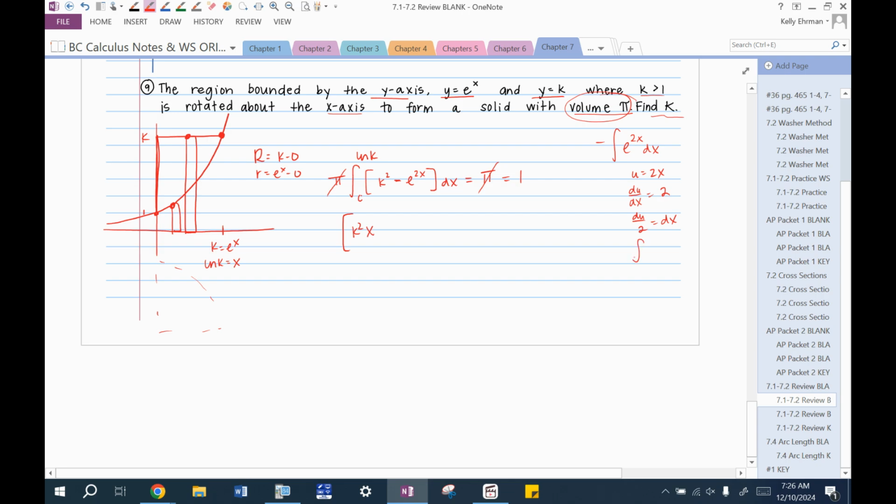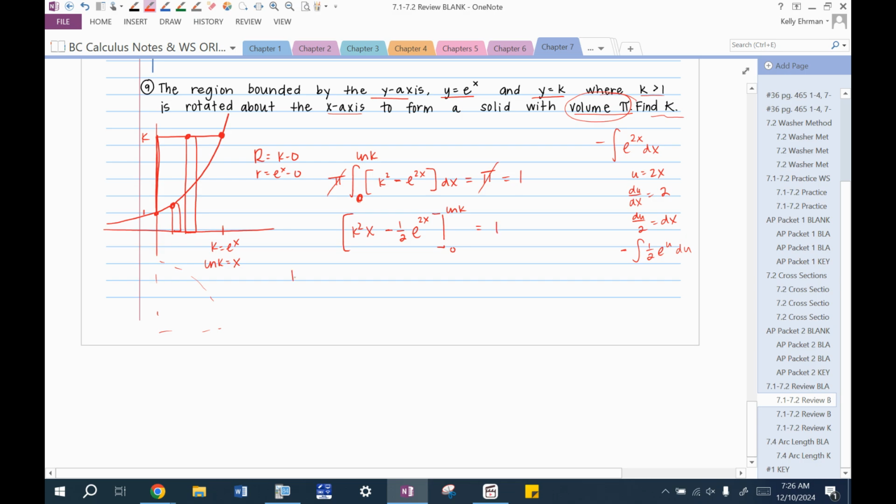So that means that the integral is going to get a 1/2 to satisfy the du piece. So that means that this is minus 1/2 e to the 2x. And we're evaluating it from 0 to natural log of k. And that's going to equal 1.